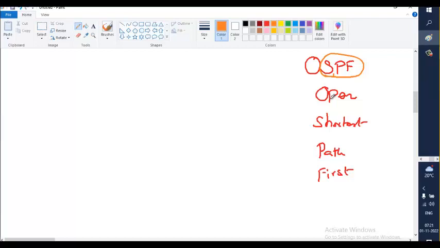His name is given to it, Dijkstra's algorithm, not given by him. People have given the name as Dijkstra's algorithm. This algorithm is open standard. SPF is open standard.